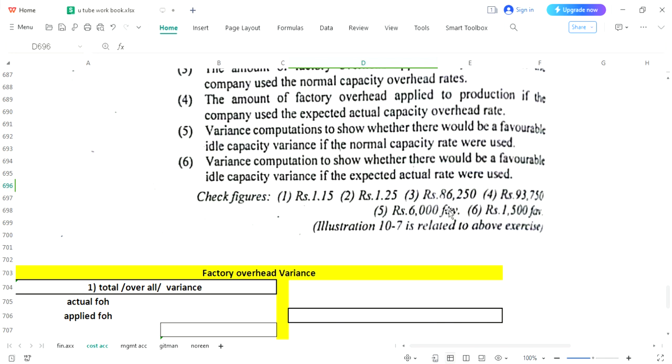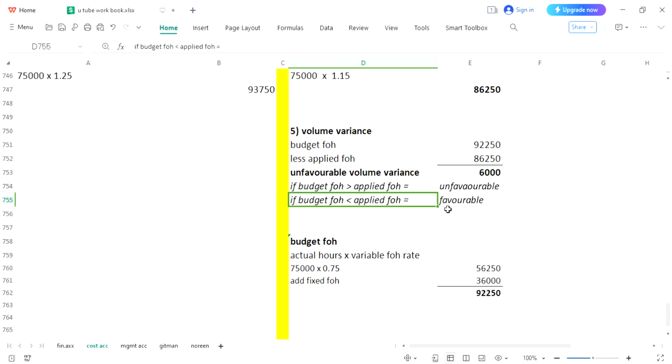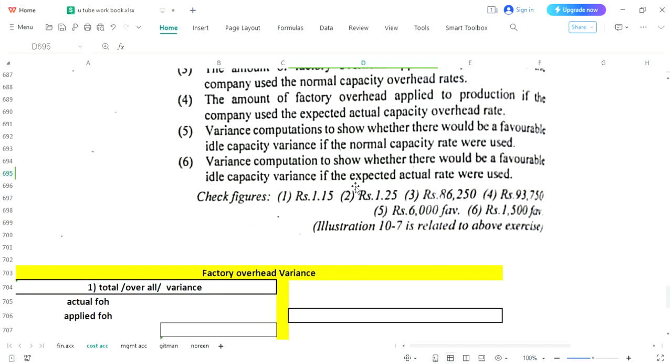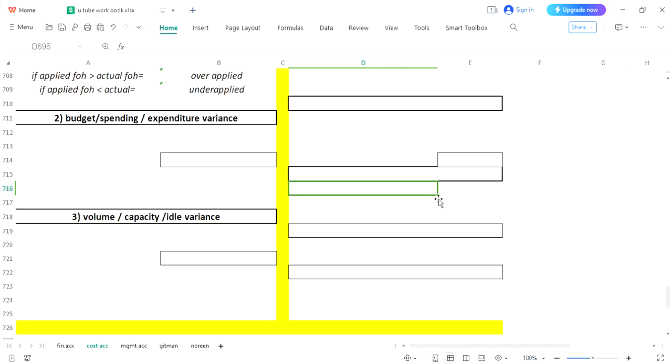It is written favorable over here. No, not possible, because your budget FH is 92,250, applied FH is less, budget is more. So as the rule says, if budget is more, it is unfavorable. So you can erase it and write unfavorable over here.